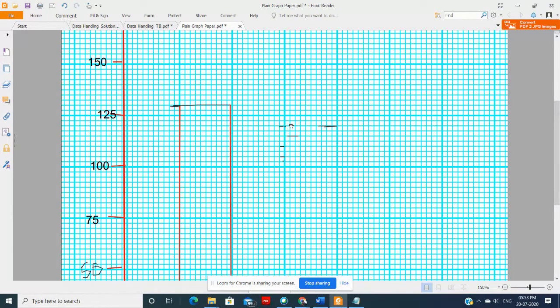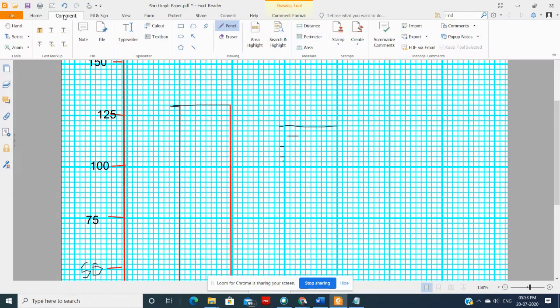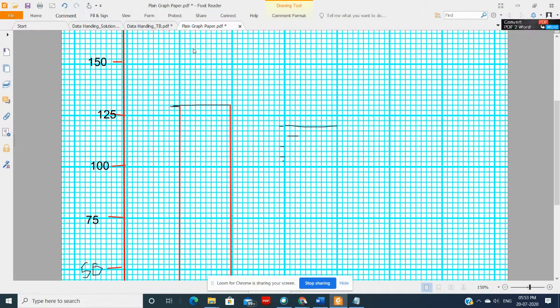So here it would be your line. Okay, and now we will draw this vertical line.